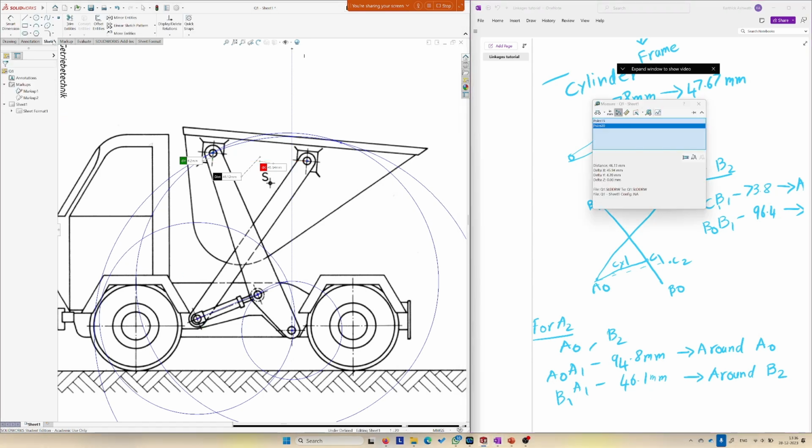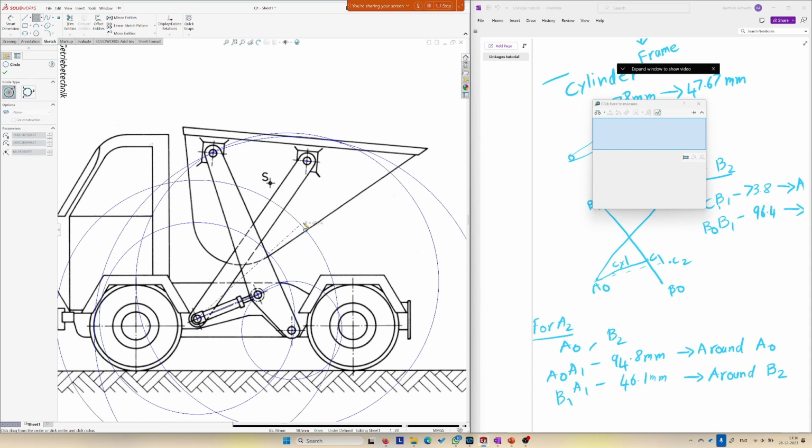I will make a new circle. Okay, that should be passing through here.